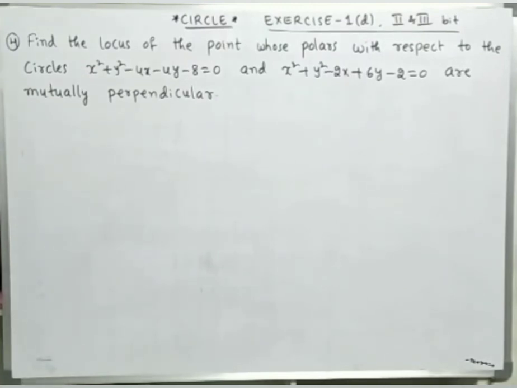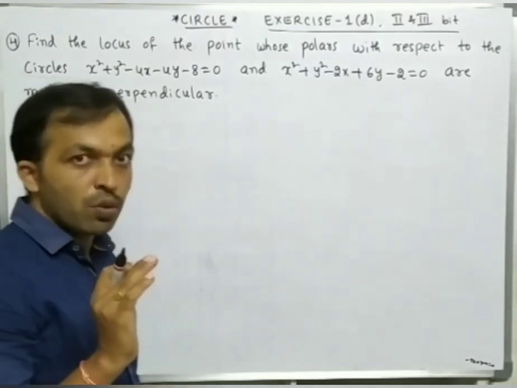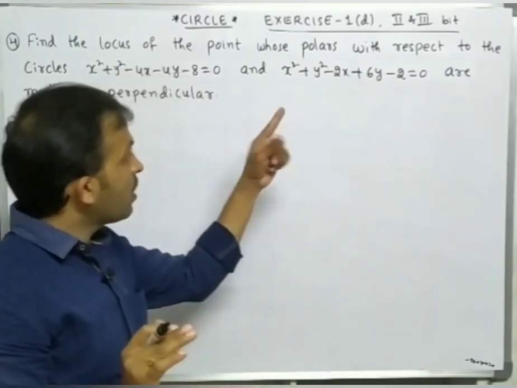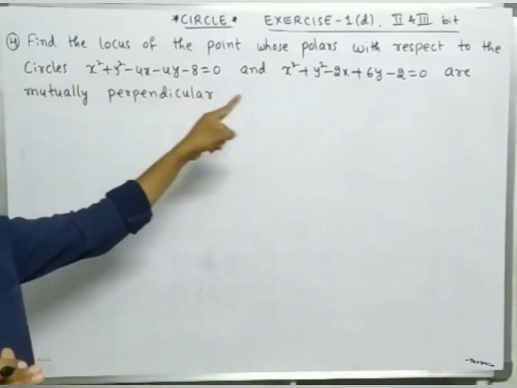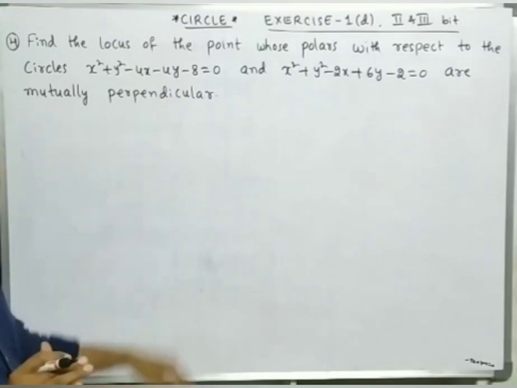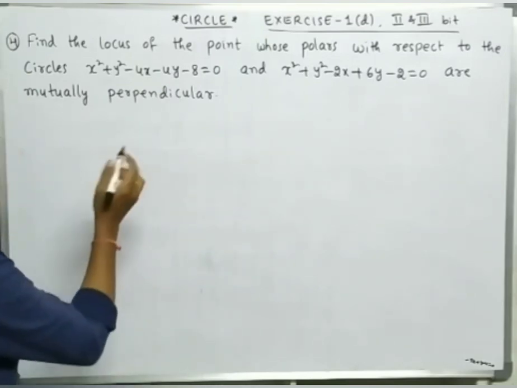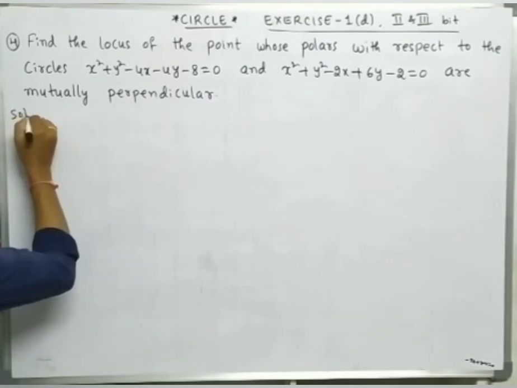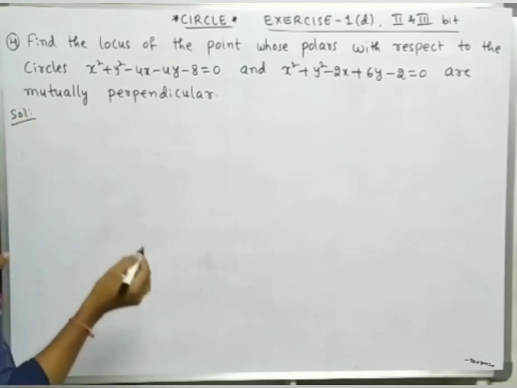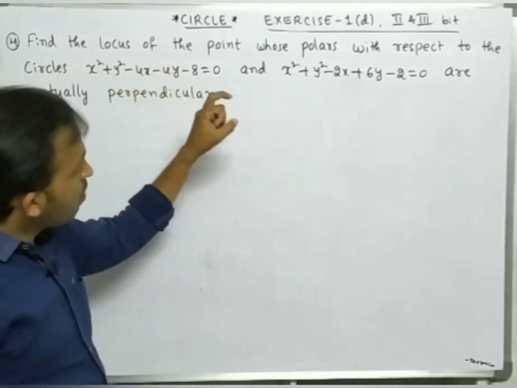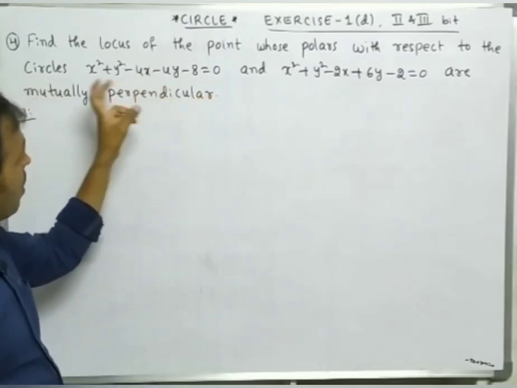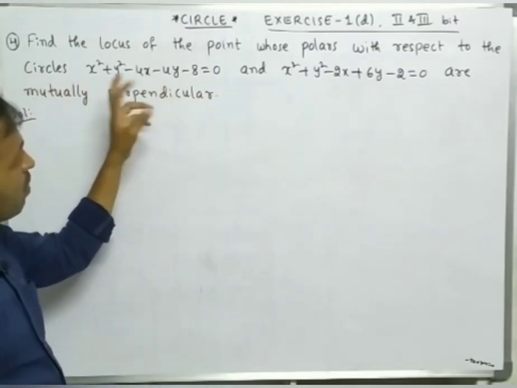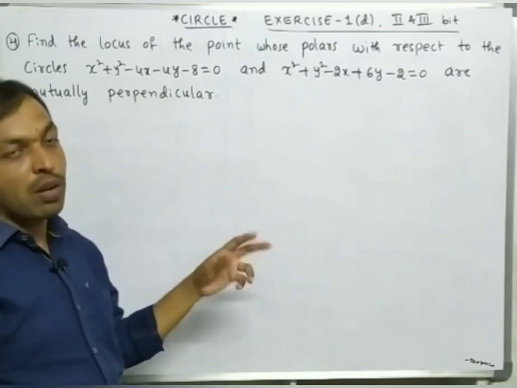Fourth problem: find the locus of the point whose polars with respect to these two circles are mutually perpendicular. So here we should find the locus. Locus of point P whose polars with respect to these two circles are mutually perpendicular.